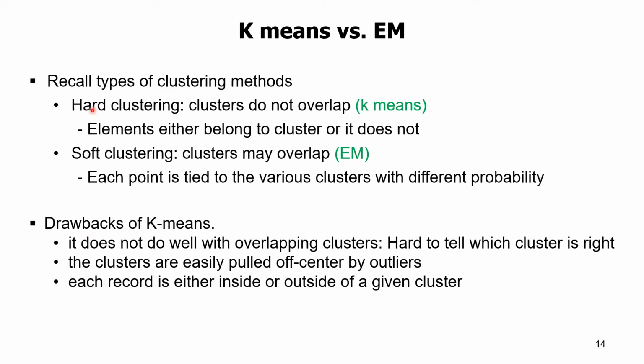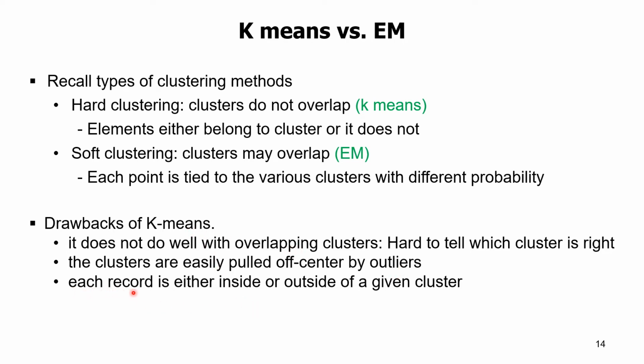Because of this hard clustering, k-means has some problems. It doesn't do well with overlapping clusters. And the clusters are easily pulled off center by outliers. If there are some outliers, they pull off the center of the cluster. That's a problem of k-means.